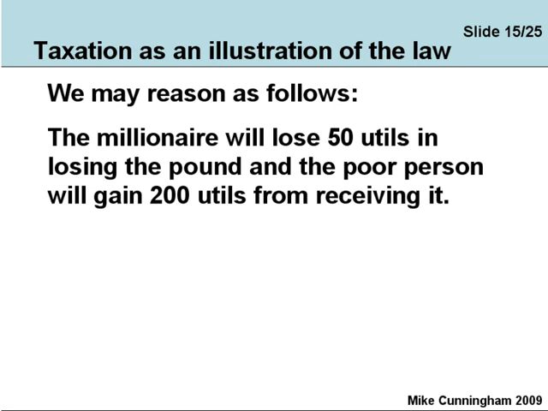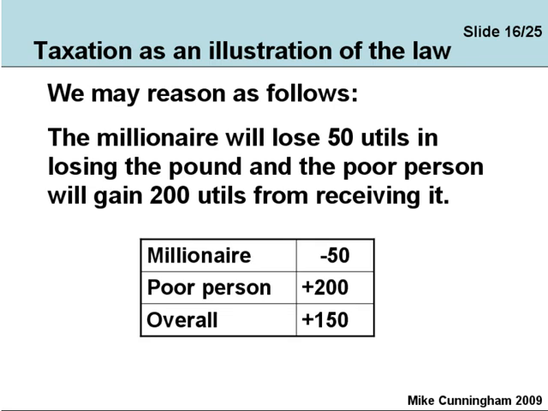So the millionaire loses 50 utils. However, the poor person gains, let's say, 200 utils.